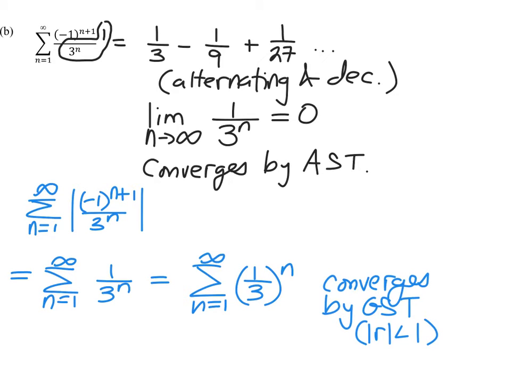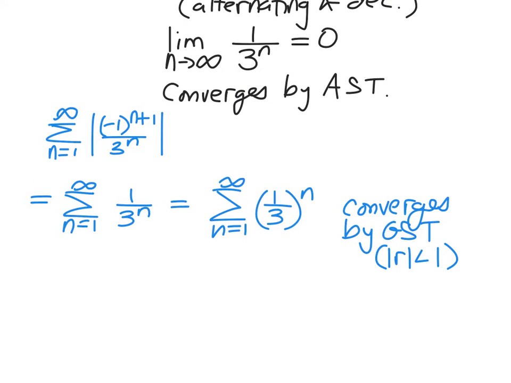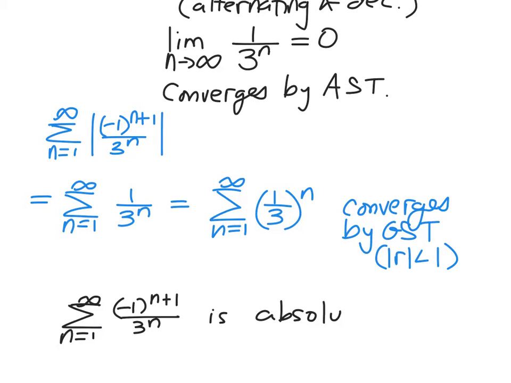All right, so the original series converged, the absolute value of the series converged. So this whole series, the original series, not the next generation, is absolutely convergent.